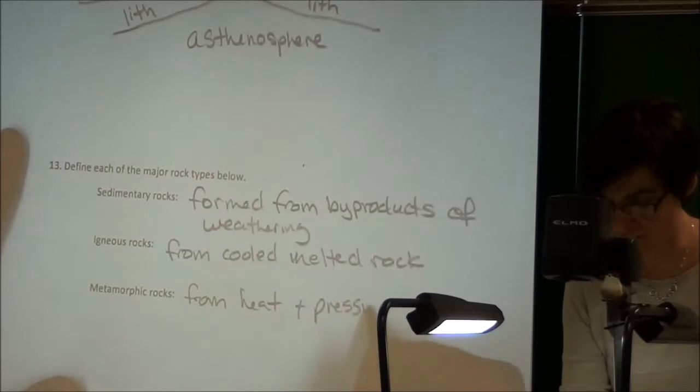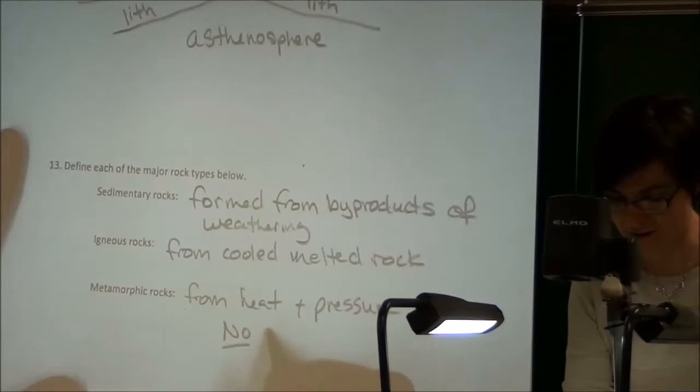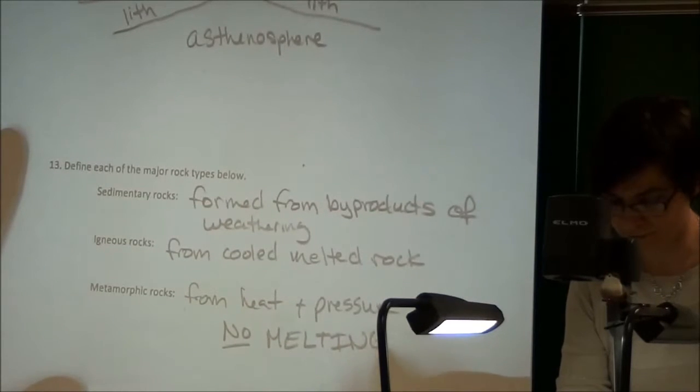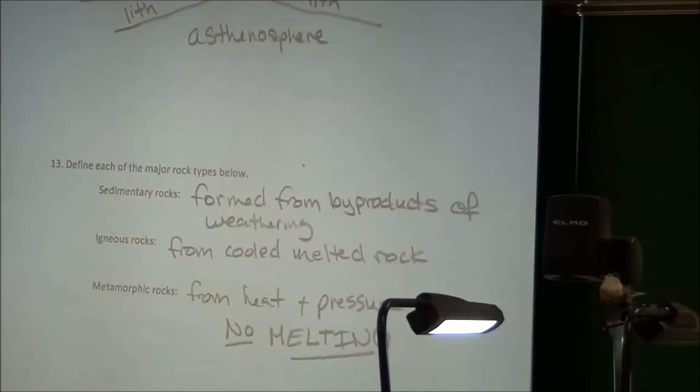But not what? Not melting. There's no melting. There can be tiny, tiny amounts of melting, but if you have molten rock and that cools, you have an igneous rock, not a metamorphic rock.